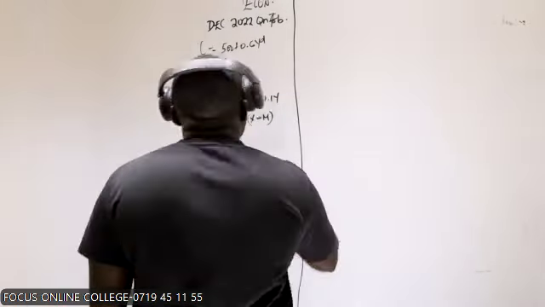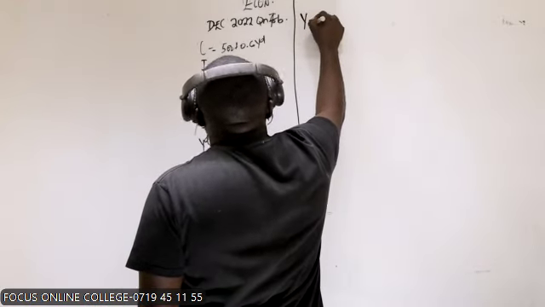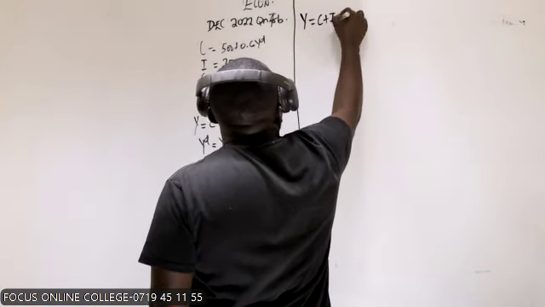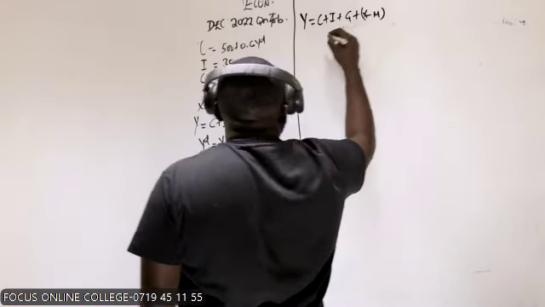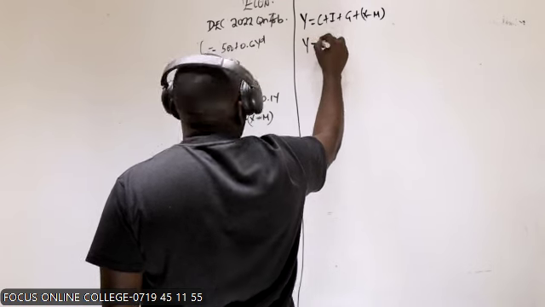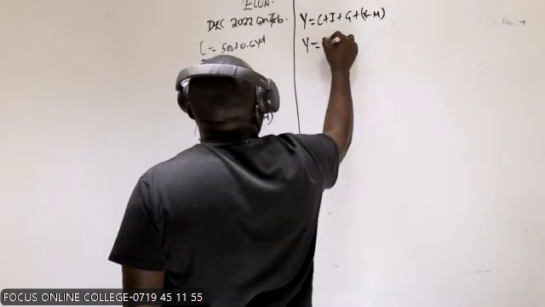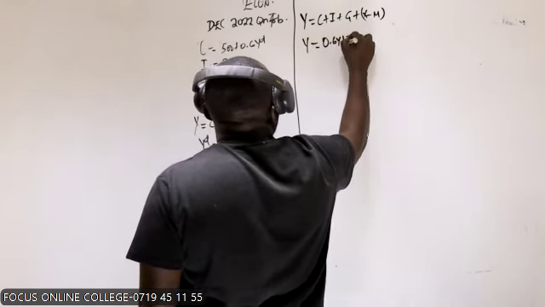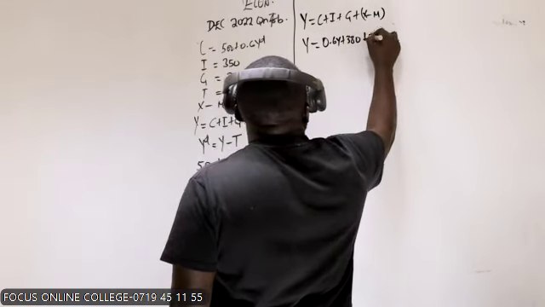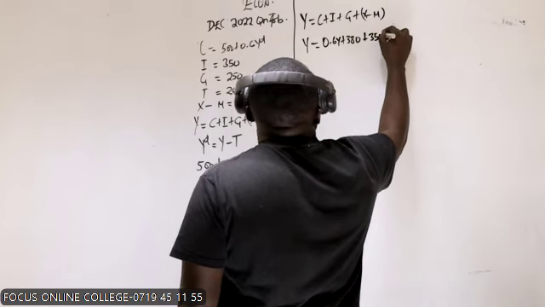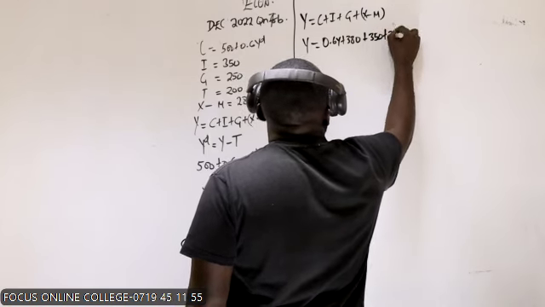So I come back to my equation. National income is equal to C plus I plus G plus X minus M. So Y is equal to 0.6Y plus 380, because that's the consumption, plus investment, which is 350, plus government expenditure, which is 250.